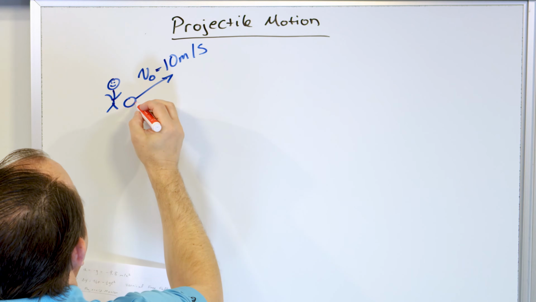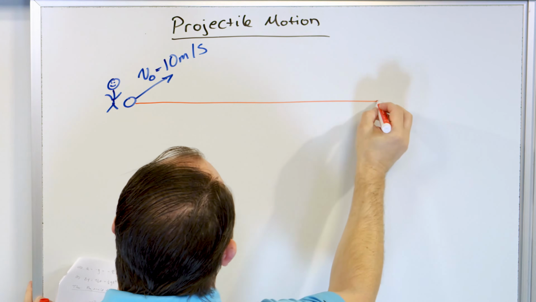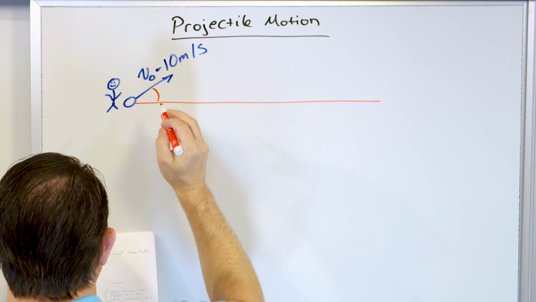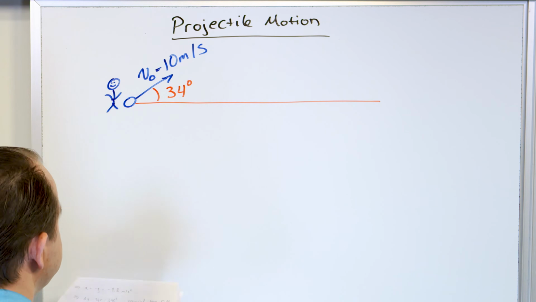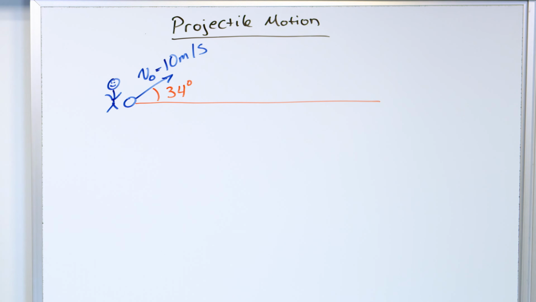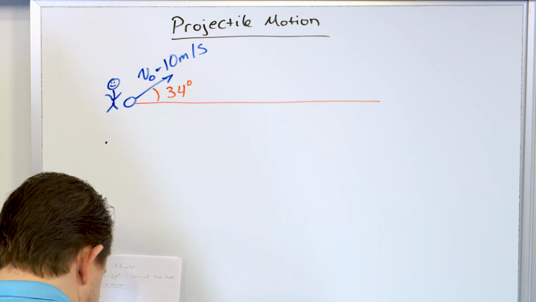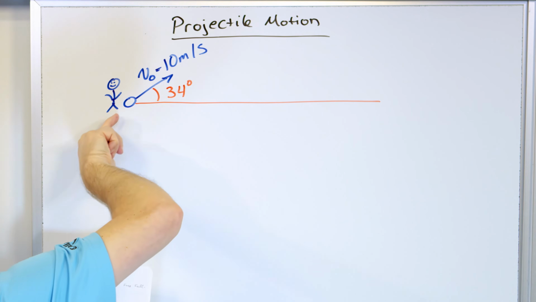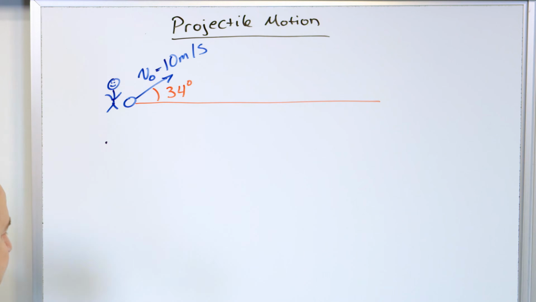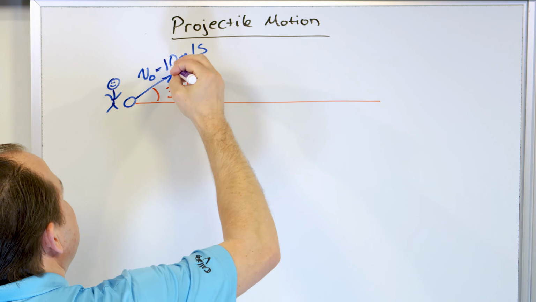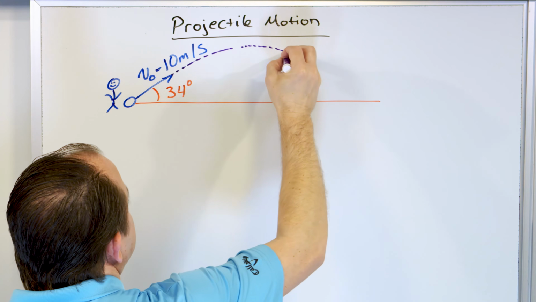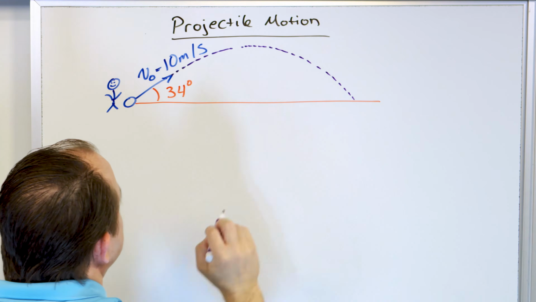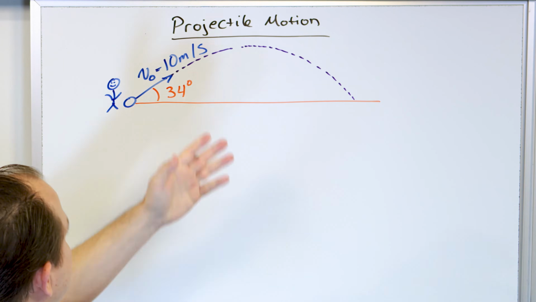The ground is basically right here, and I kick it at some angle. This angle could be anything, but let's call it 34 degrees or something, right? Now from experience, you know that you're going to kick this thing at an angle like this, and it's going to go up, reach some maximum height, and then come down and hit the ground like this. This is called projectile motion.